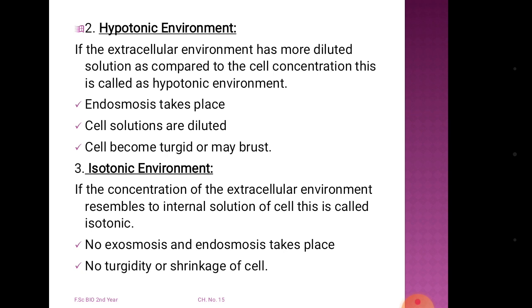So in this case, there is a resemblance between the extracellular environment and the concentration inside the cell. So no exosmosis or endosmosis will take place, no turgidity or shrinkage of the cell, because these two environments are already in a homeostatic condition.